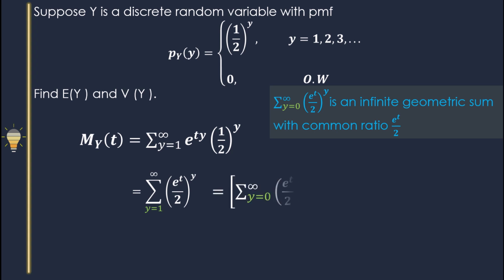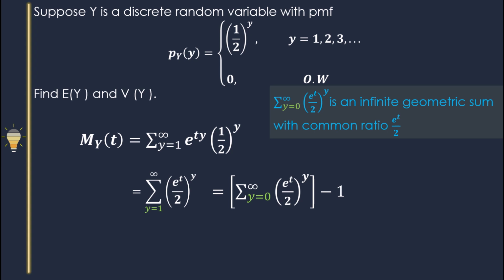I write y equals 0 to infinity, (e^t over 2) to the power y. Now you know I added one extra term. That is the term when y equals 0. When you plug in y equals 0, what is this term? (e^t over 2) to the power 0, that is 1.